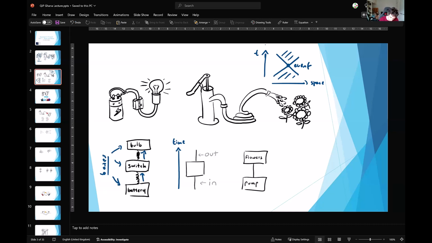The other example I gave was the pump, where we have flowers and water that gets carried. Instead, in the case of the light bulb, it was electrons or electricity, I guess, that get carried. And again, this is the kind of metaphor that we use, that there are boxes where particles or water or electricity go in, come out, and wires which connect them.